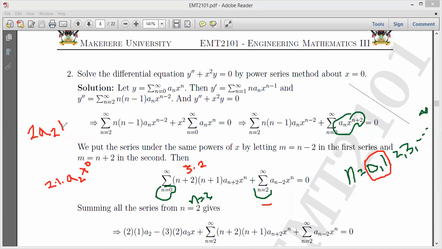So this one will be plus 6a3, because if n is 1 and you add 1 to 2, that will be 3. And remember, this is 1 and this will be x to the 1. Hopefully we are together.